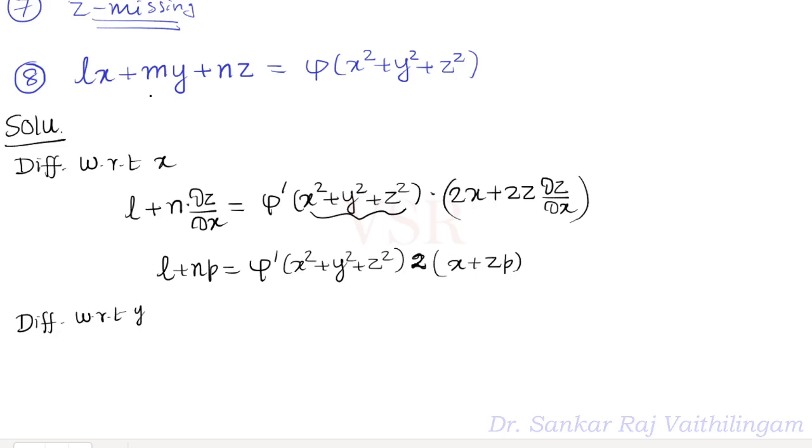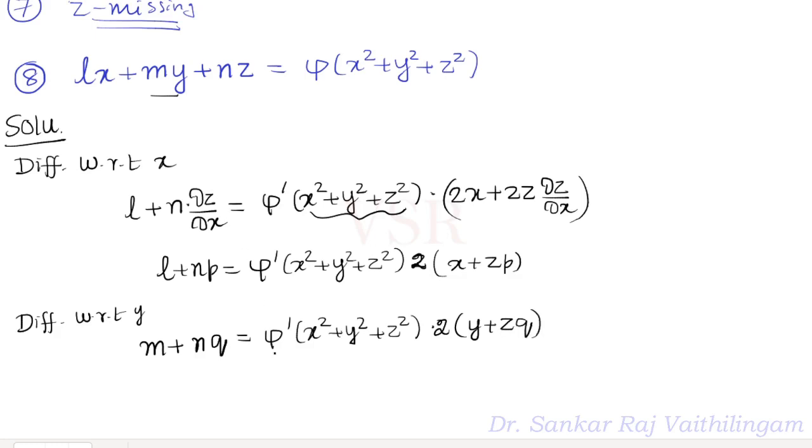Here m plus n into, shall I write q straightaway, q, which is equal to phi dash of x square plus y square plus z square into 2y plus 2z into q. So the same way, 2 into y plus z times q.